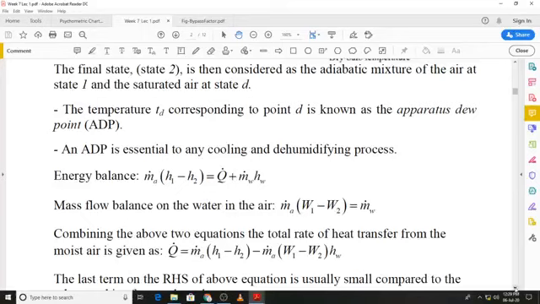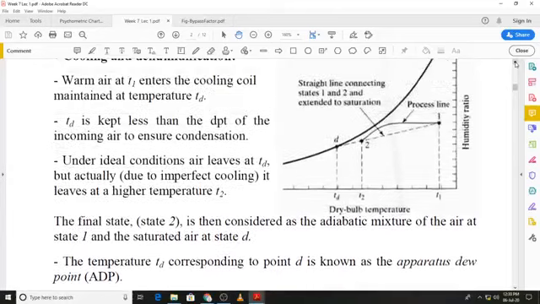The energy balance we can work out quite easily. If you again look back at the psychrometric diagram, we have a higher energy content over here and a lower energy content at state 2. So what will happen is that energy will be removed during the process, and at the same time condensation of the air will occur.